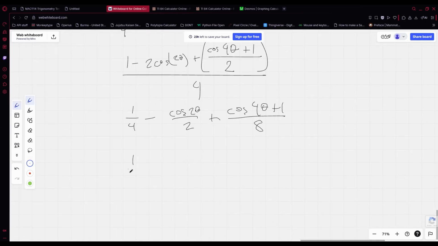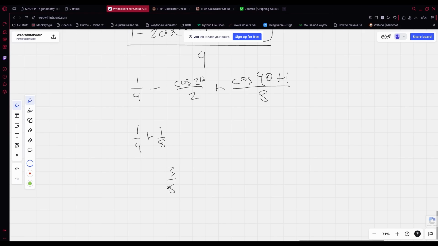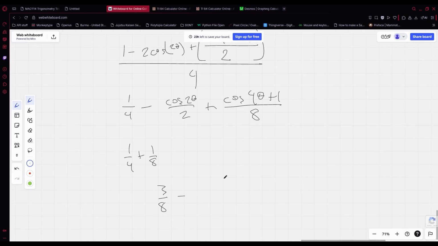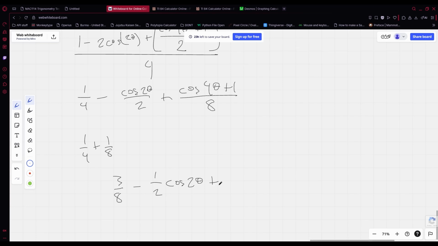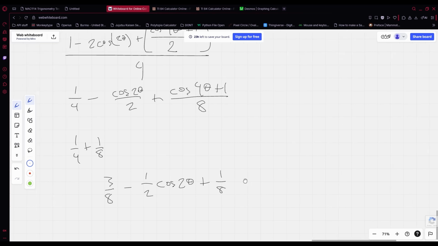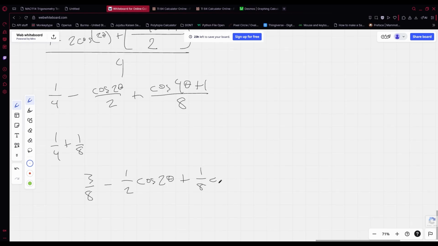So I can do 1 over 4, and then take this out, so plus 1 over 8, and that would be 3 over 8, minus 1 over 2 times cosine 2 theta. All I'm doing is just making this multiply, plus 1 over 8 cosine 4 theta.